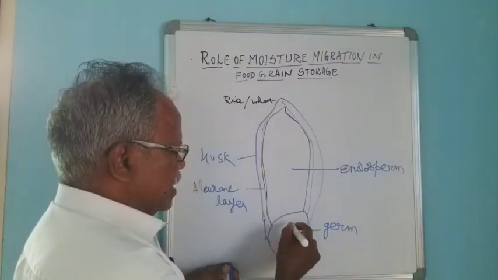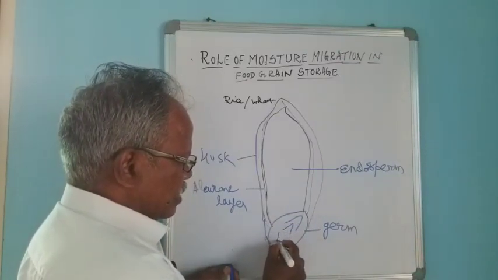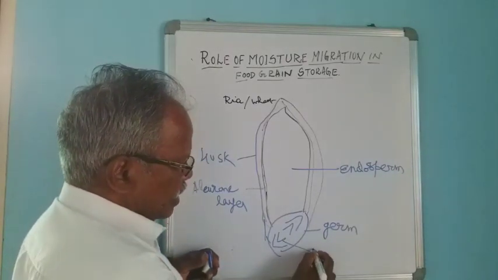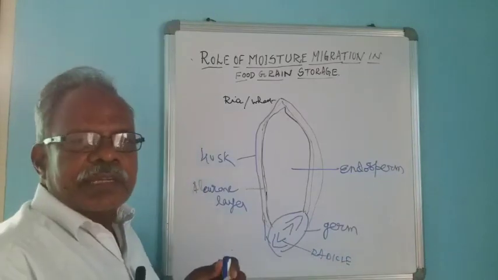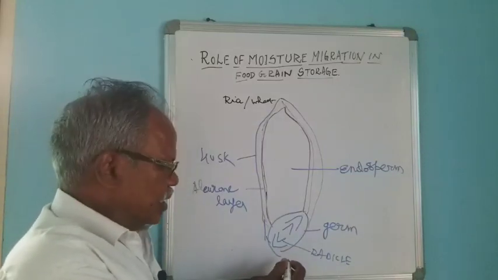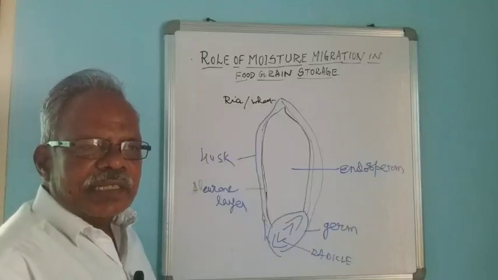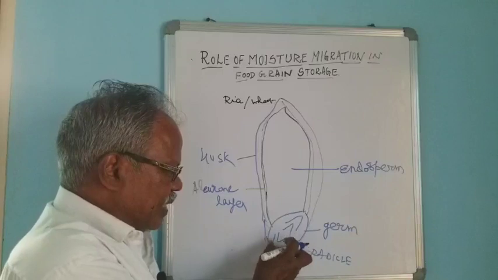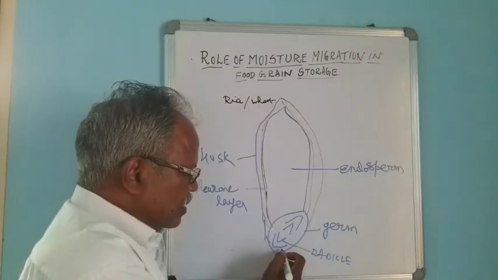The germ portion consists of the radicle, which will develop into a root, that is, adventitious roots. In case of monocot, since it is a single seed, it is called caryopsis. The radicle becomes adventitious roots.